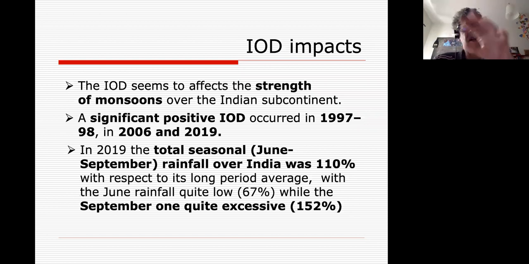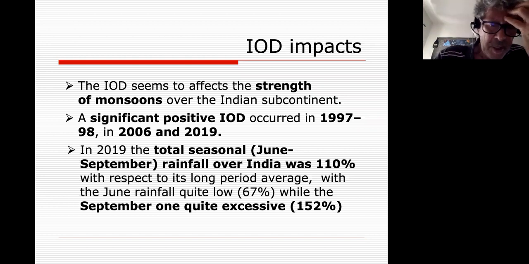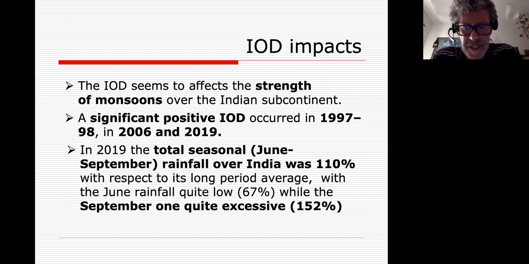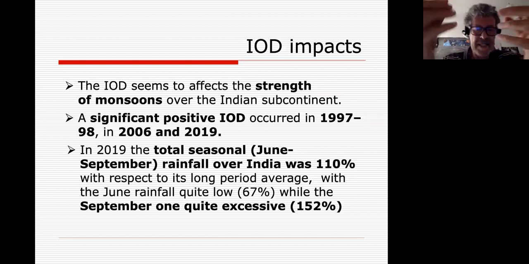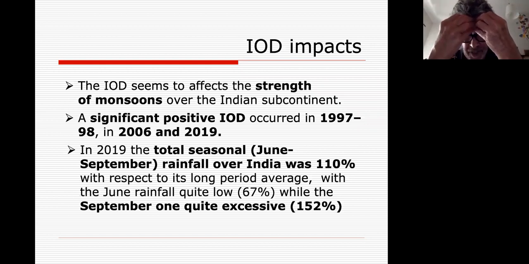But with a prominent modulation: in June, the rainfall was quite low, 67%, while in September it was quite excessive, more than 150% of the usual. So at least for this extreme event, this anomaly was also found in the other IOD events. It seems to be quite solid and sound.